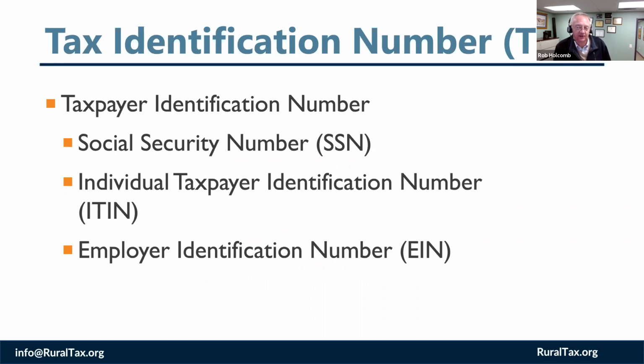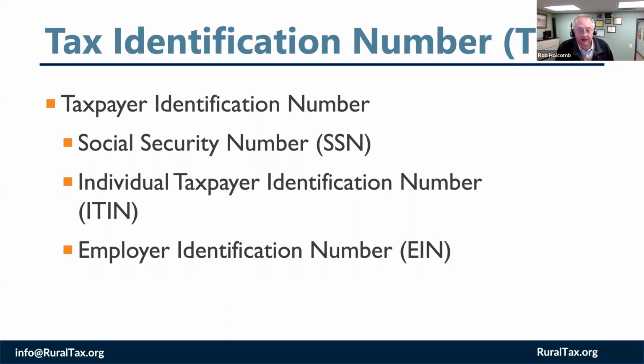Most cases where you're going to find those is if you have a new person to the country, perhaps a migrant worker that's relatively new to the country. Oftentimes they'll have an ITIN where they're not going to have a Social Security number.